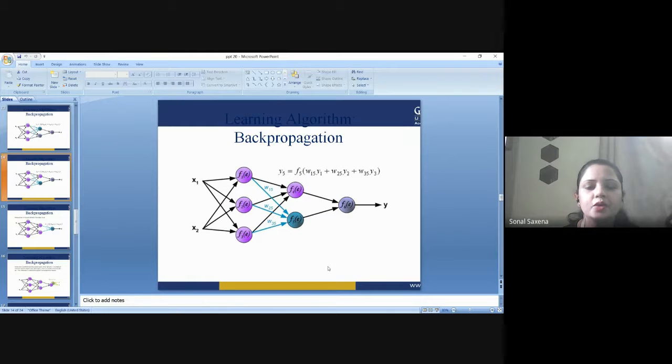So here you can see all of the hidden layers, how you can propagate.